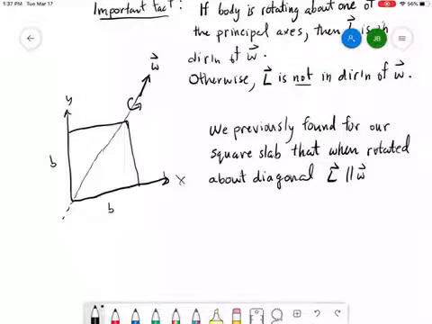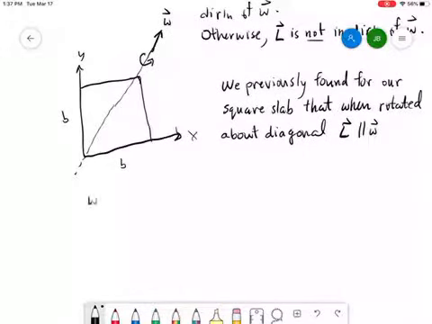So we'll just go through and we'll just confirm that once again as a bit of a review. So in this case, omega is going to be some magnitude or some length, and then it's going to have components along x and along y.